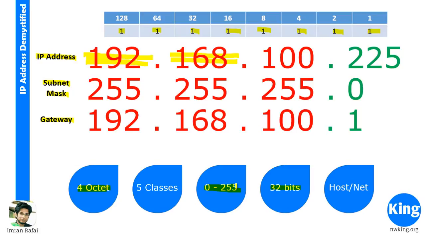If all the bits in the octet are 1s, the decimal number is 255. So each of these octets can take values from 0 to a maximum of 255. If you see a number in the IP address which is more than 255, that's an invalid IP address.